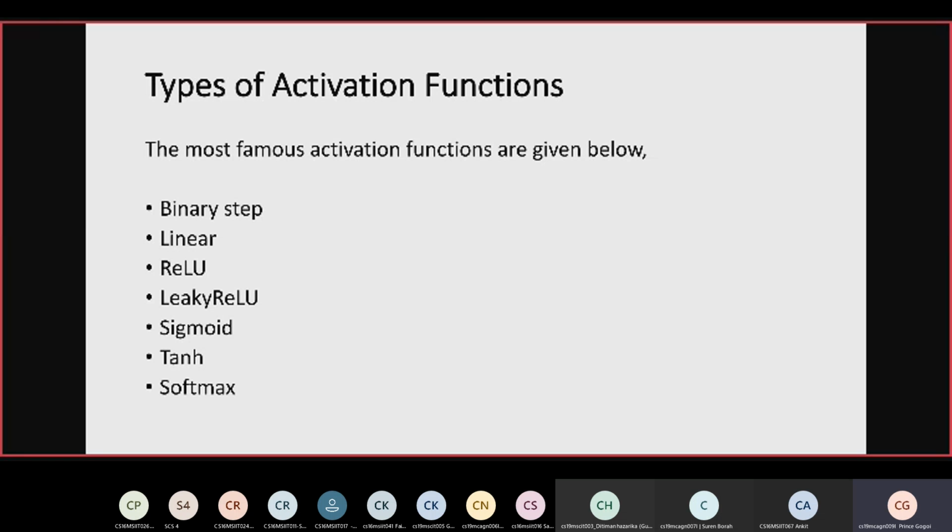Therefore, prediction would be more accurate. Then tanh, hyperbolic tangent activation function. This activation function is slightly better than the sigmoid function. Like the sigmoid function, it is also used to predict or to differentiate between two classes, but it maps the negative input into negative quantity only and ranges between -1 to 1.